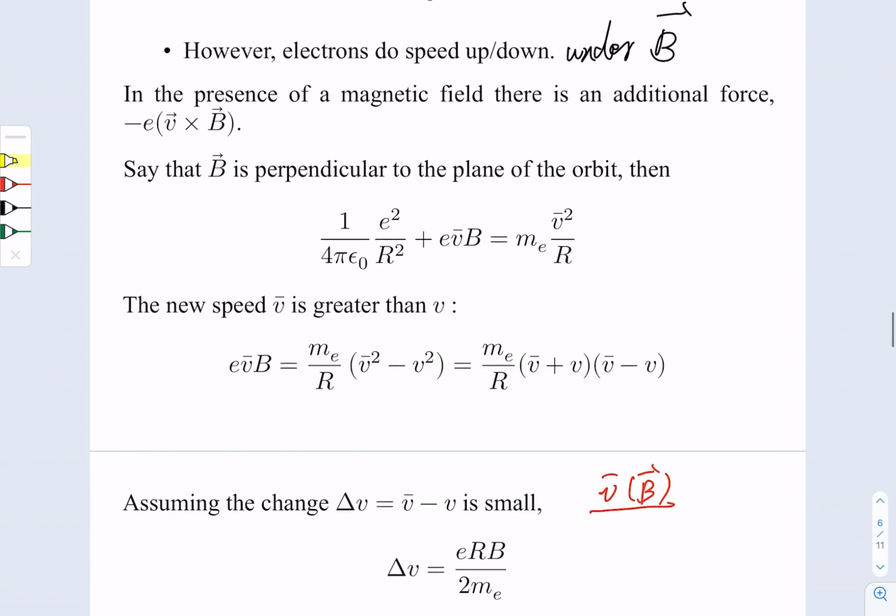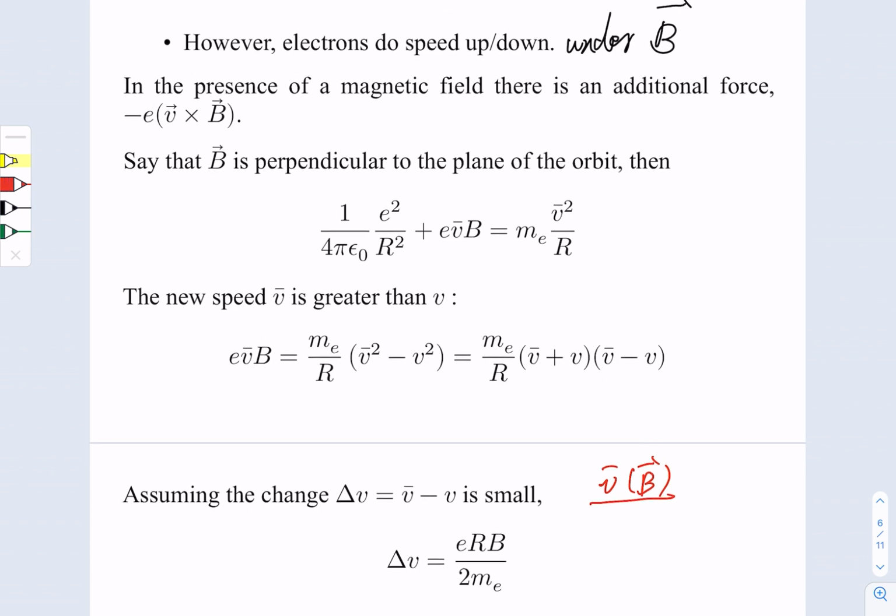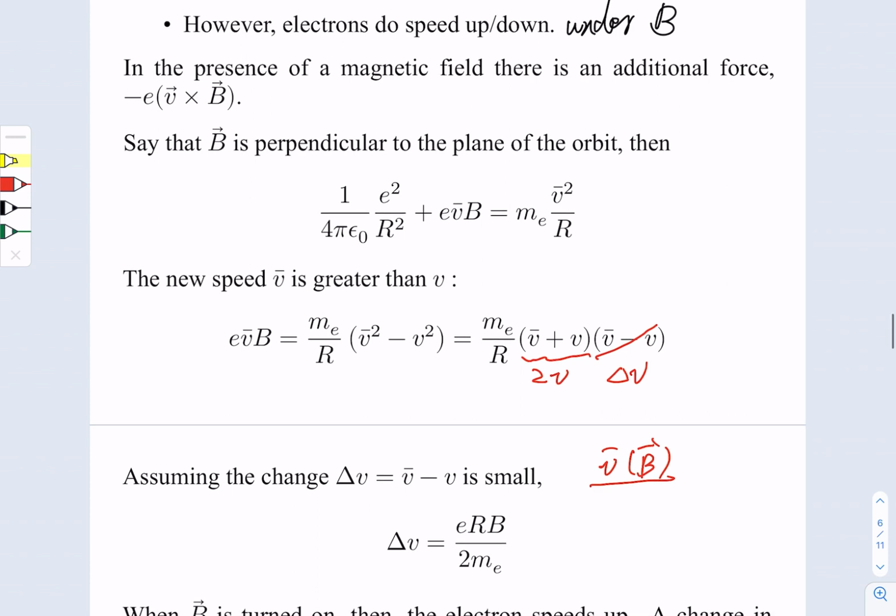So here we replace this by delta v. It's small, but here v bar is close to v, right? So we simply replace this by 2v, and we also have 2v bar.